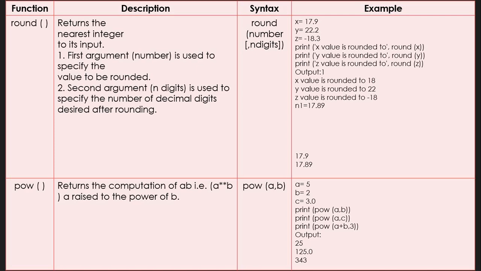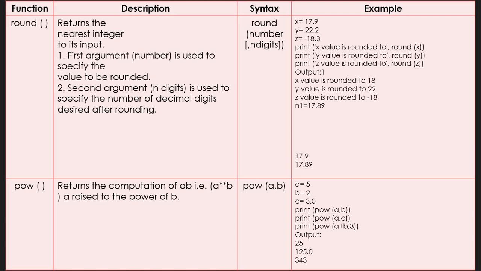The next mathematical function that we are going to learn is power. Normally when you want to represent to the power of, we use double star, two asterisks. Suppose I want to say 2 to the power 3, I say 2 double star 3. Now look at this example on screen. A is equal to 5, B is equal to 2, C is equal to 3.0. The print statement: power of A comma B, power of A comma C, power of A plus B comma 3.